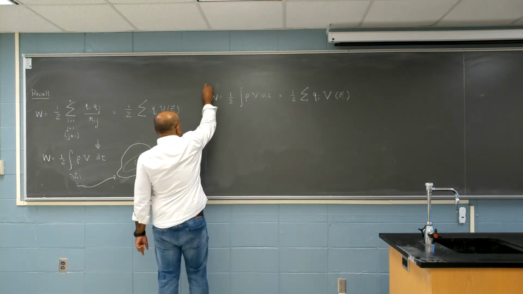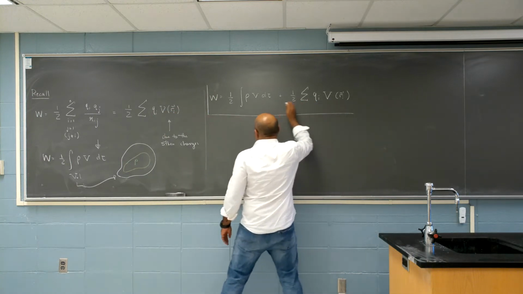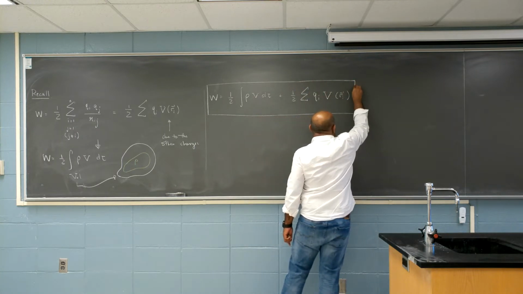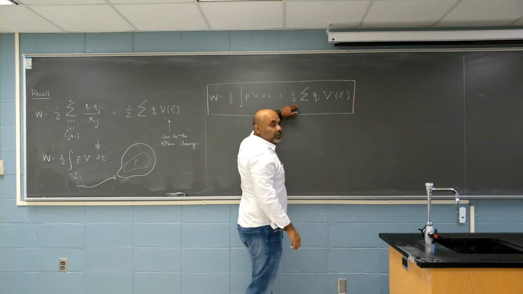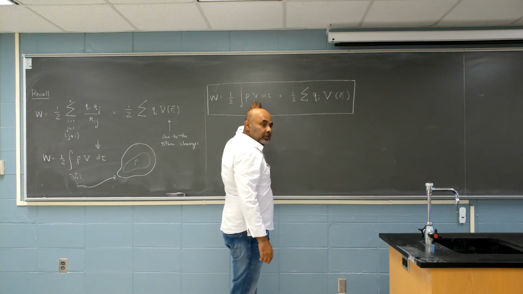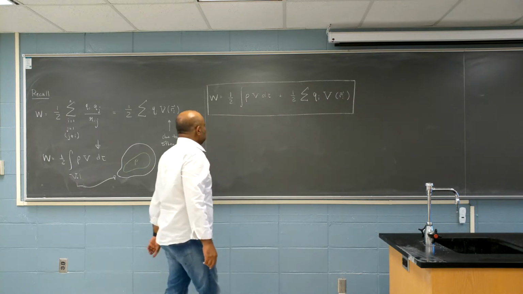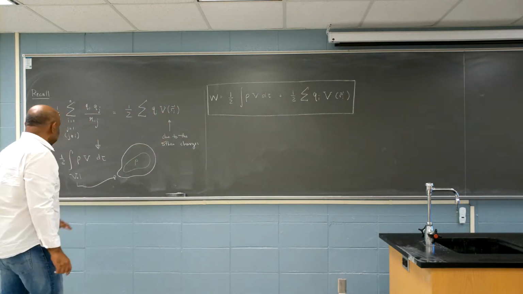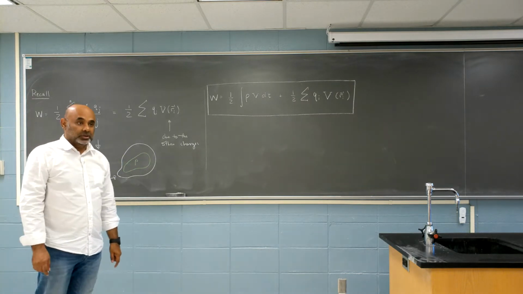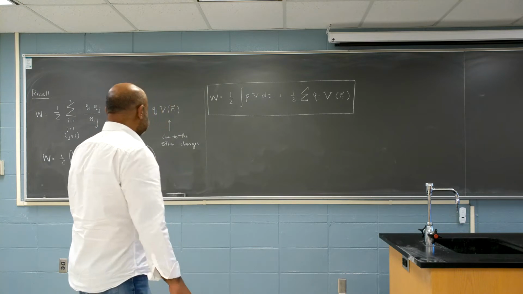Your book does not make you really focus on this, but we'll have one problem to illustrate the point where for the continuous part we use this, and for the discrete part we use this, okay? So hang on to that. Again, the volume is any volume that includes all the charges. Anything more is fine because rho is 0 in that region.